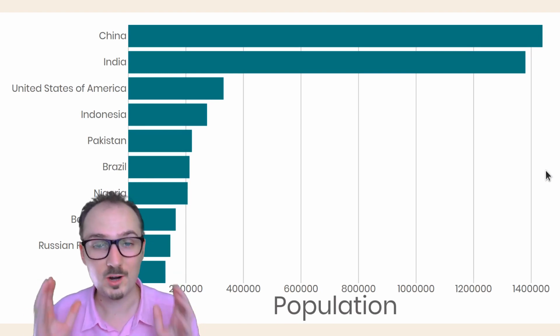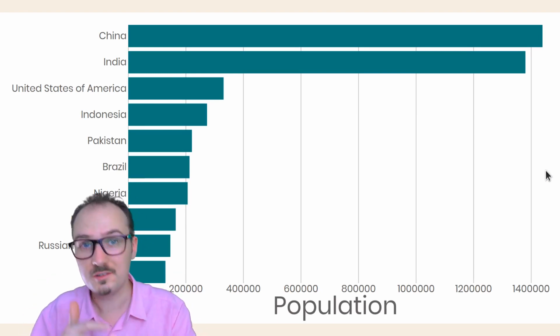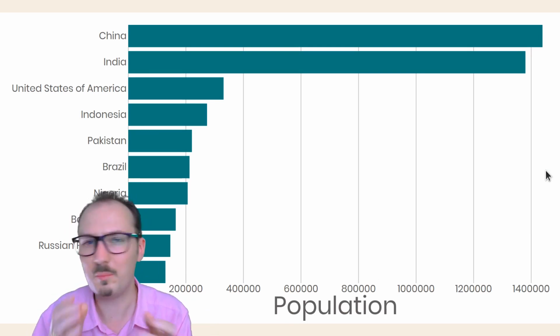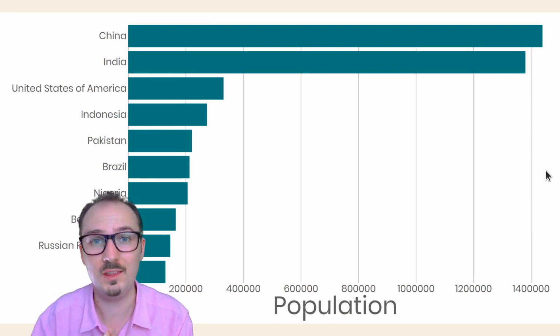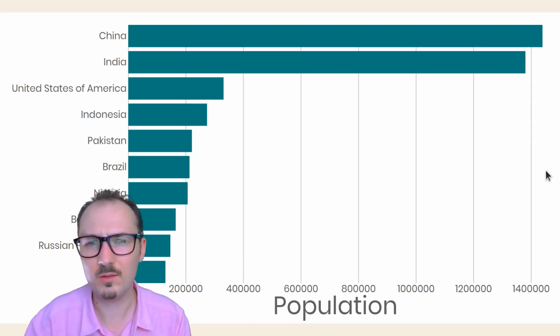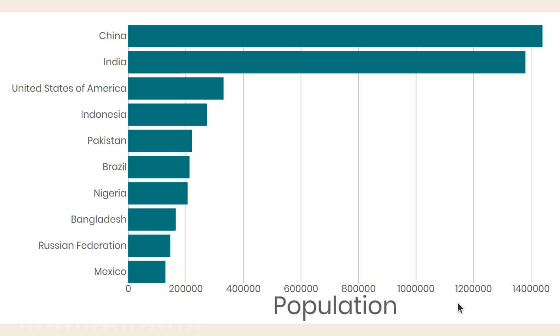This is the process of iteration, meaning making little tweaks and changes just to polish things up. And there's one last change I'd like to make here, and that's to do with how the numbers are represented. These numbers here on the bottom are not really formatted at all.